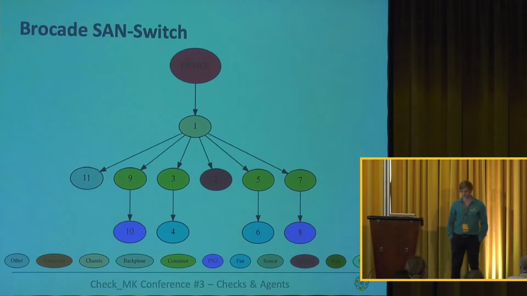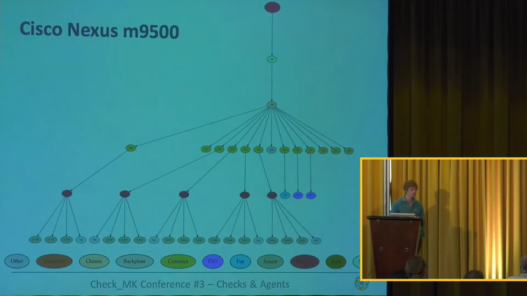And then in the end, we have power supplies or fans as well. Another example could be Cisco Nexus. It looks a little bit more complicated, as you can see. Again, it's organized in containers plus modules. And in the end, we have some sensors, but it could be all different sensors, of course. So temperature, humidity, things like that.